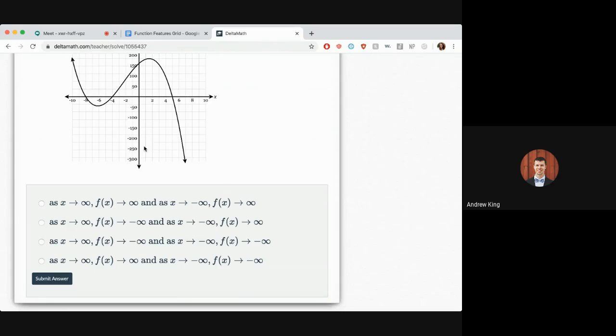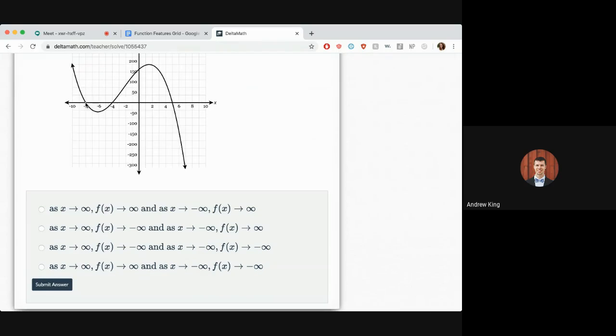So as x goes to the left, towards negative infinity, you might think, wait a minute, it's going up. And yes, that's the whole point. The x coordinates are going to the left, negative infinity, but the y values are going up to positive infinity. So I want the one where it says right is going down, and as I go to the left, x negative infinity, the function goes up to positive infinity.